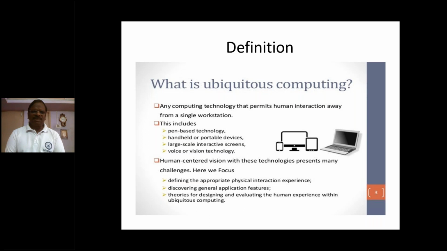Now, what is the definition of ubiquitous computing? Any computing technology that permits human interaction away from a single workstation. From a single workstation, we can control many systems and interact with other devices and tools. This includes pen-based technology, handheld or portable devices that we can control, and large-scale interactive screens.